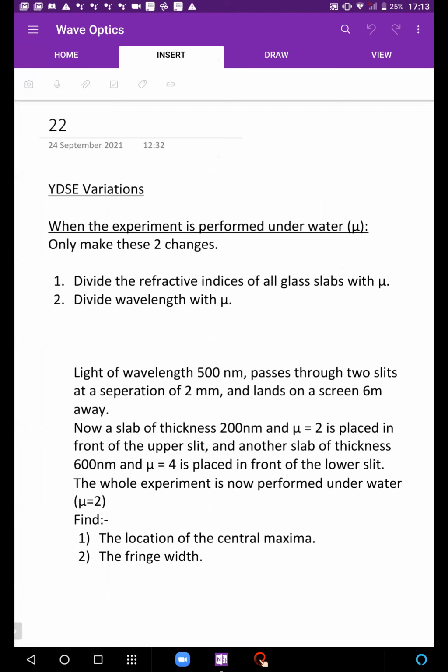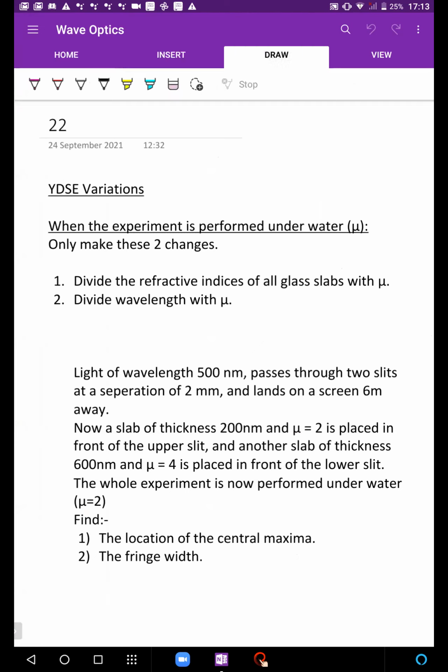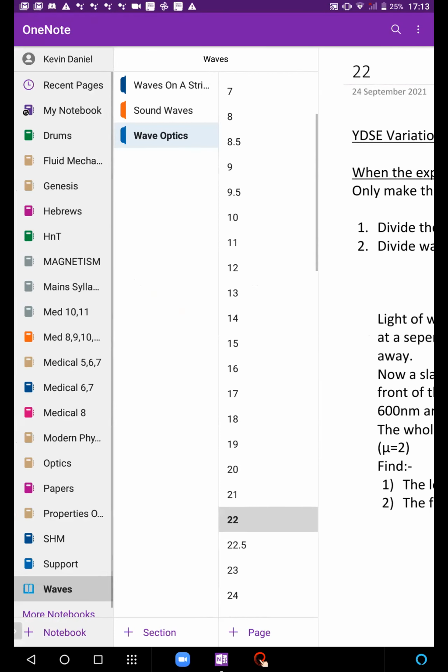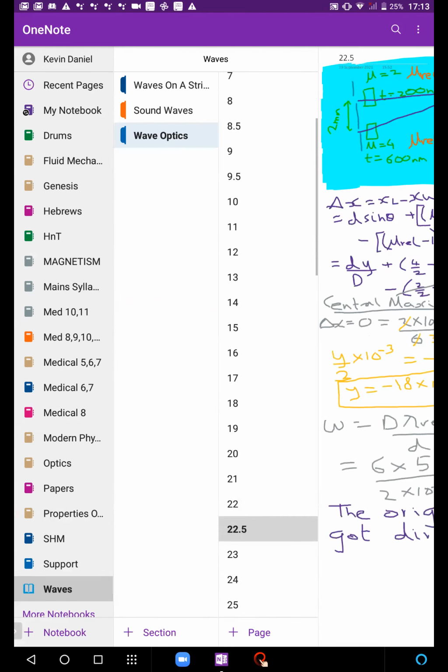So when you put the entire thing under water, सारे slabs का refractive index μ से divide कर लो, because now you need to use the relative refractive index. और सारे wavelengths को भी μ से divide कर लो, as we seen already. That's the only change. इस wavelength change के कारण fringe width change होने वाला है. So that's the idea. Try out that question.